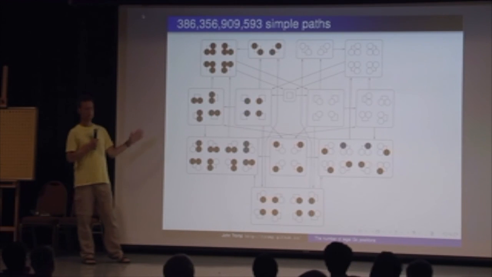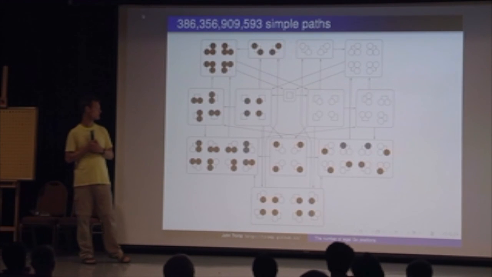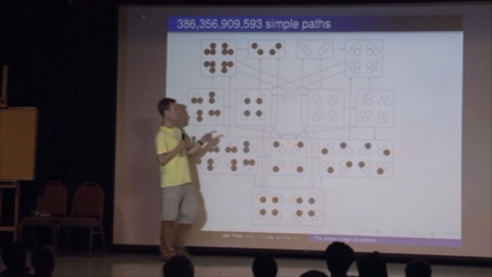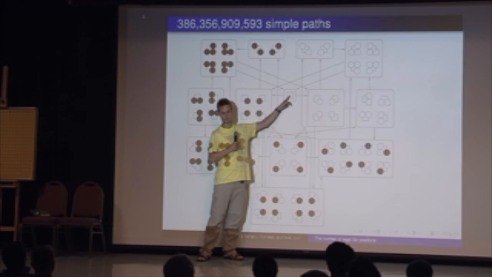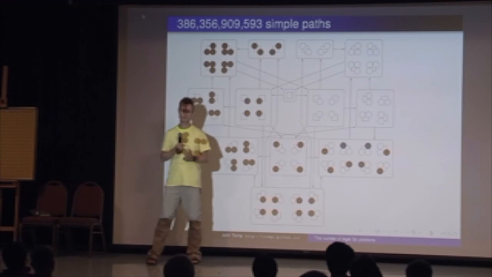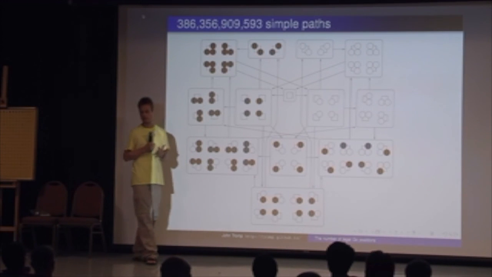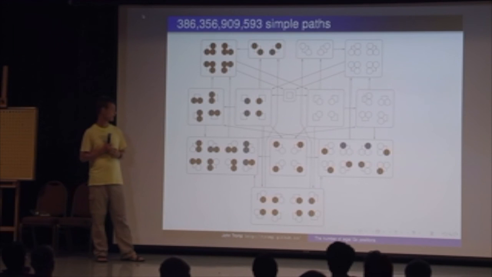The nice thing about this is that a game of Go is nothing more or less than a simple path in this graph starting at the empty position. And we say that the path is simple if it doesn't repeat any vertex. So each node occurs at most once in the path, which is exactly what the superko rule enforces.